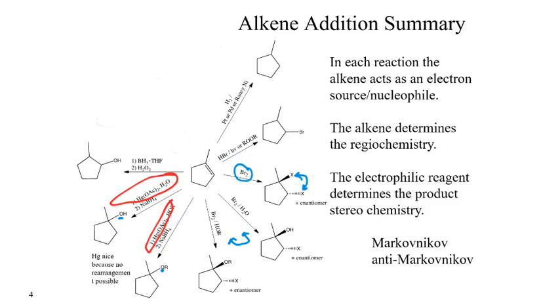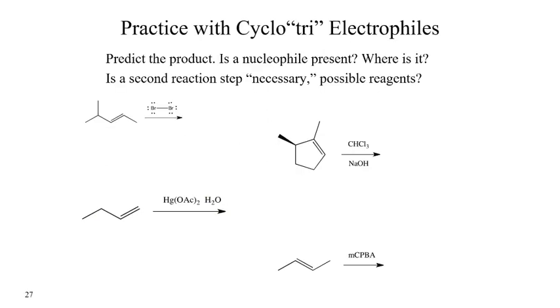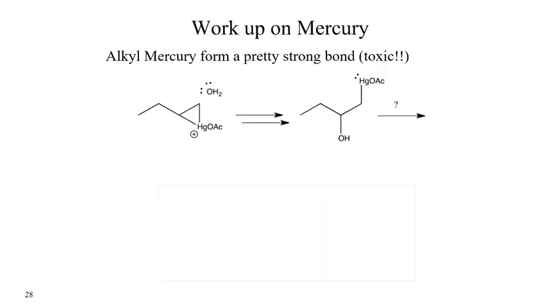Okay, so with that, I'm going to go ahead and pause again so we can do a bunch of slide jumping. And there, we've got the end of our cyclo-, sort of. I do want to address what's going on with the mercury, and we'll move into the next thing. So we've added that mercury to our structure. Mercury's not a nice thing to have connected to our organic structure, so we're going to need to cleave that off somehow.